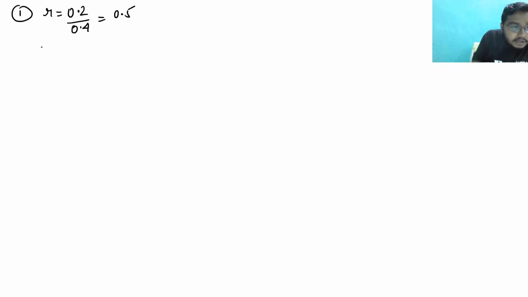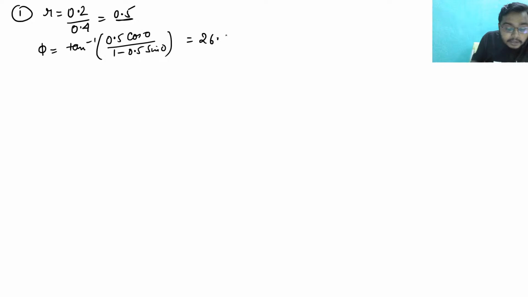So how can you find the phi? Phi is going to be tan inverse of R cos 0 degree by 1 minus R sin 0 degree, with R as 0.5. So from here you will get the value of phi as 26.565 degrees.